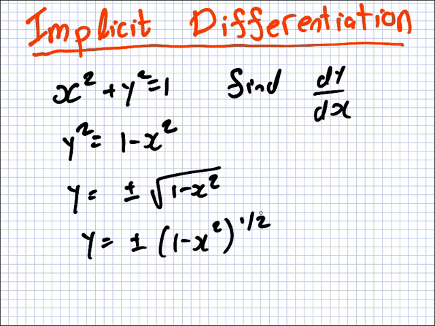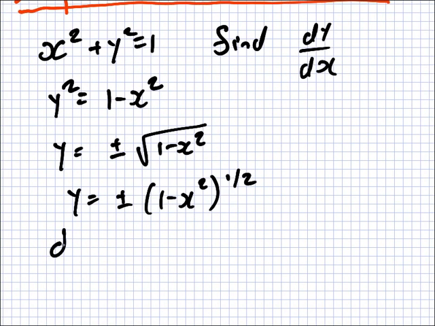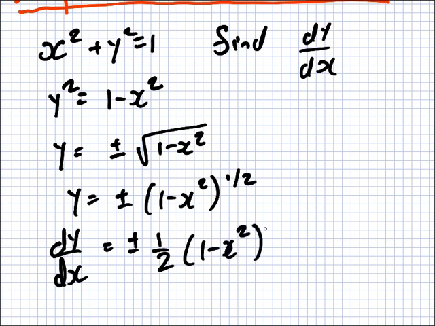Now we can actually find dy/dx. So, what rule do we need here? We would need the chain rule. So it's plus or minus a half, (1 minus x squared) to the power of minus a half, and then multiplied by minus 2x.